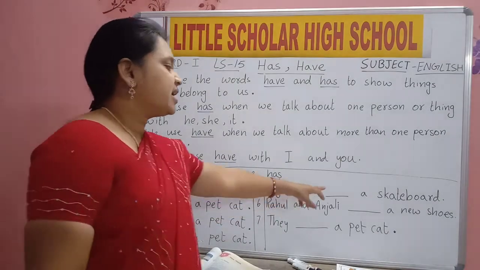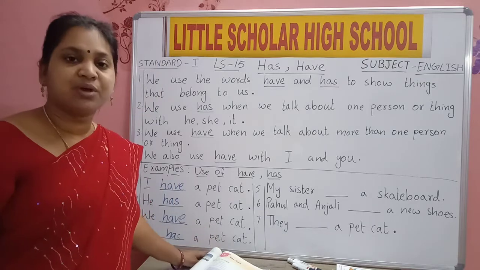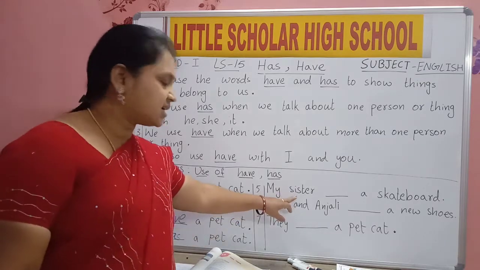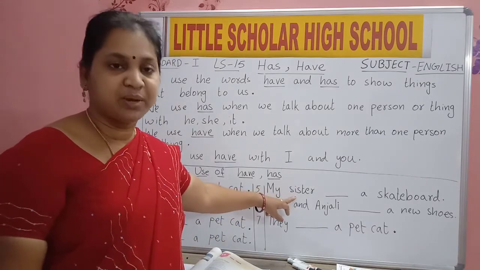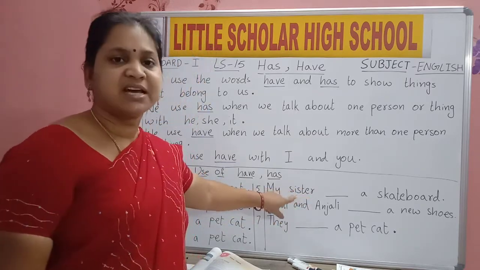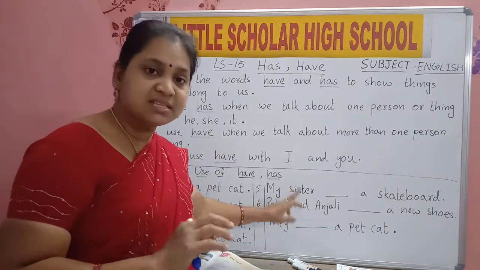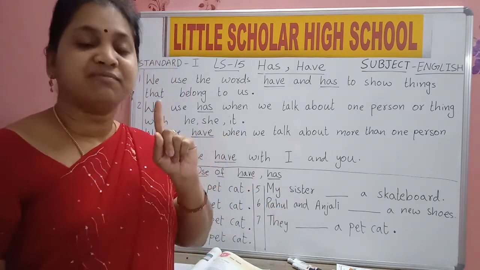My sister dash a skateboard. Here we are talking about how many? My sister means we are talking about only one sister, not sisters. Sisters means many. My sister means only one girl.